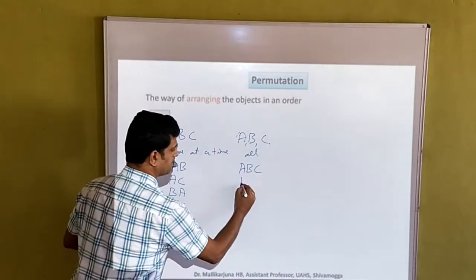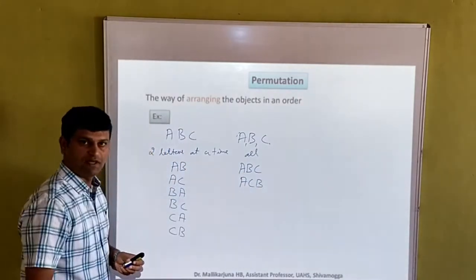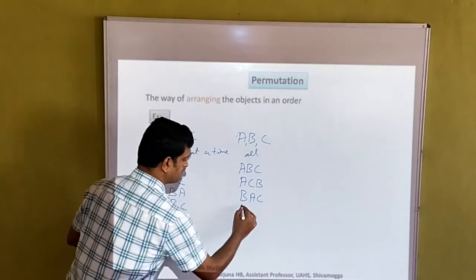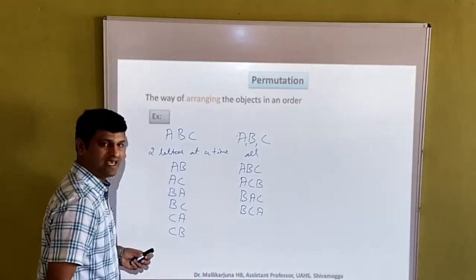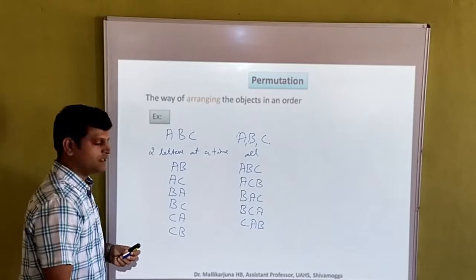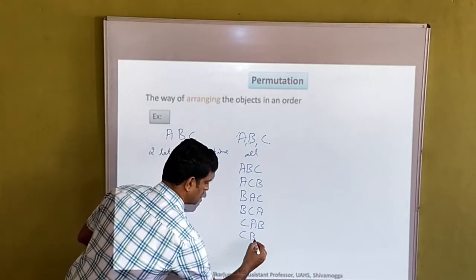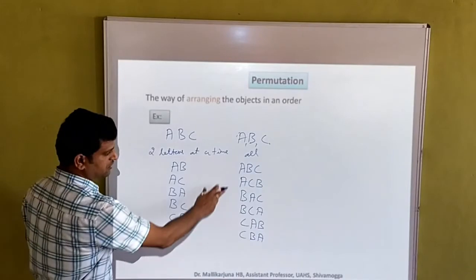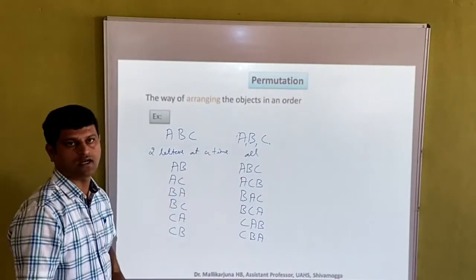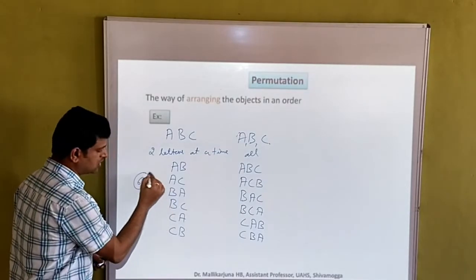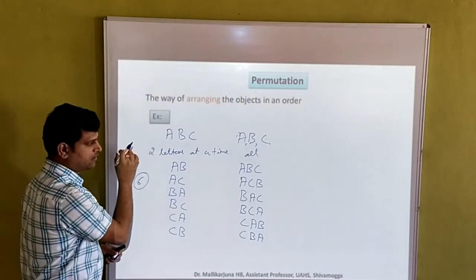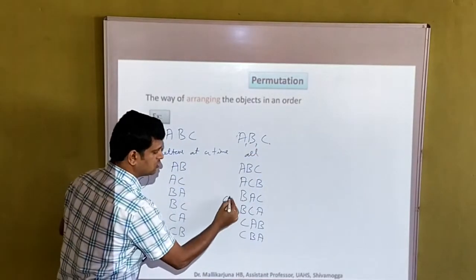ABC, ACB, BAC, BCA, CAB, CBA. These are the different possible arrangements from the three letters when taking all letters at a time. So here also there are 6 arrangements from 3 letters taking 2 at a time, and from 3 letters all at a time, here also 6 arrangements.